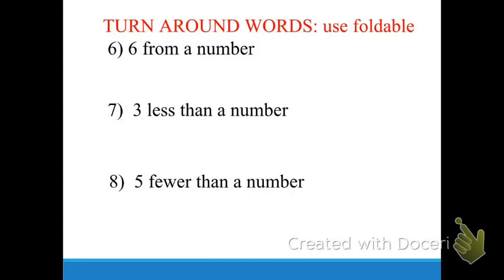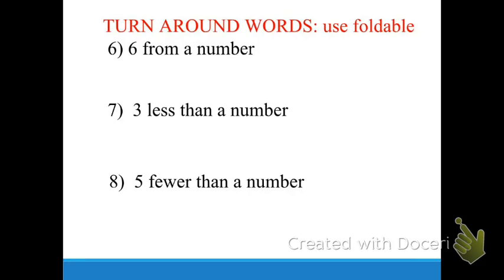You'll see it in just a second. So these 3 examples at the top of the other foldable, I know this is 2 foldables flipping back and forth, but look at the other foldable now, and the top of the second column. These 3 examples are there. So let's start by highlighting the turnaround words that we see in here. So in number 6, what's our turnaround word? From.